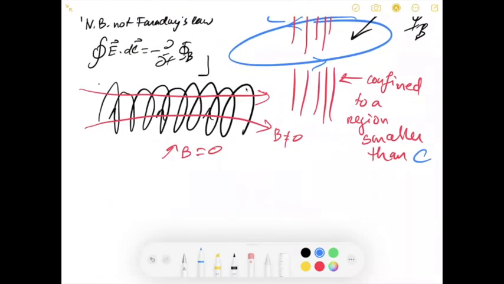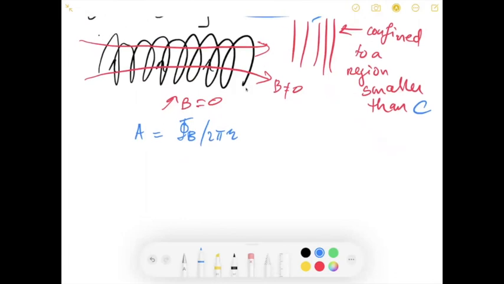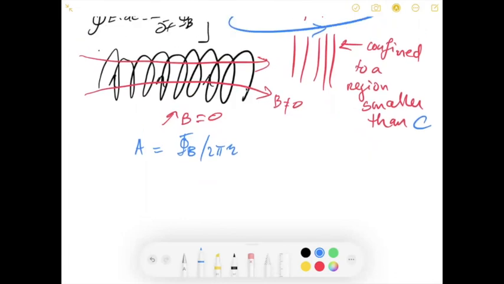So A is our magnetic flux over 2 pi r. And therefore, even though we have a flux and we have no magnetic field, we do have a vector potential. And that vector potential is definitely non-zero as long as r has not gone to infinity.